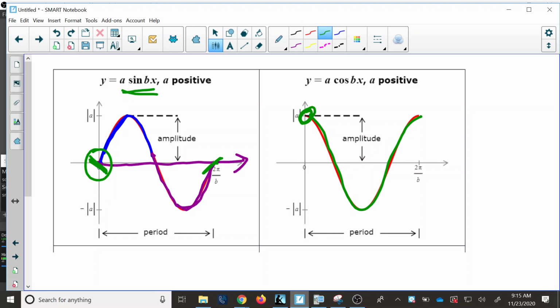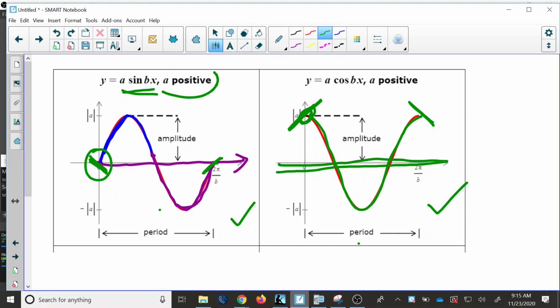The midline is still the x-axis or y equals 0, and the period is from this point to this point. That's the distance.